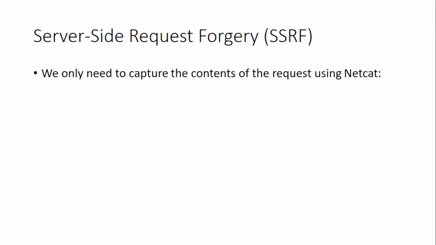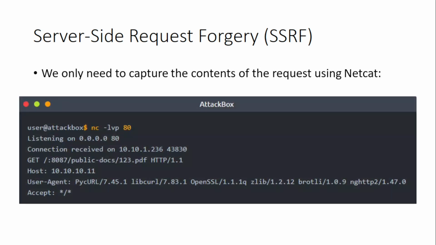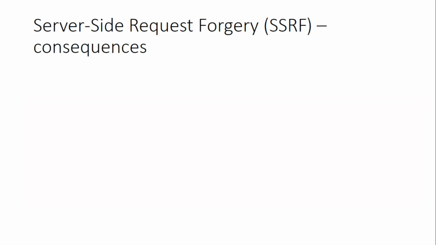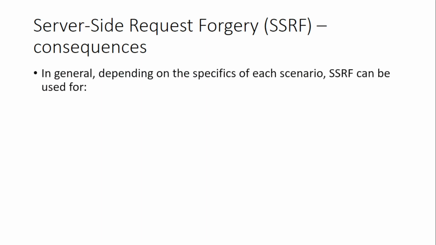In this case, we only need to capture the contents of the request using netcat. We could do that like this, and we'd end up with this. The consequences of an SSRF depend on the specific scenario.